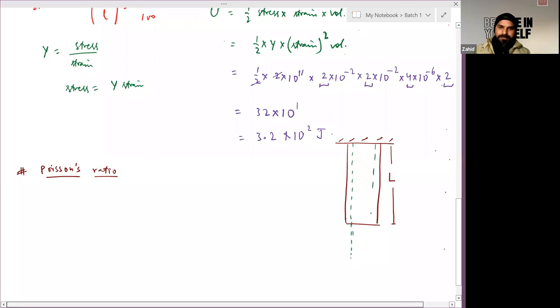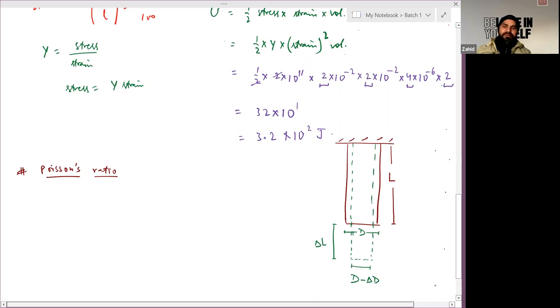Initially the diameter of this rod was D, but now on stretching, it will become D minus delta D. Extension is from this point to this point, let's say delta L.